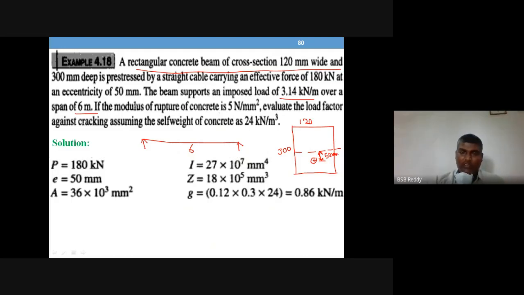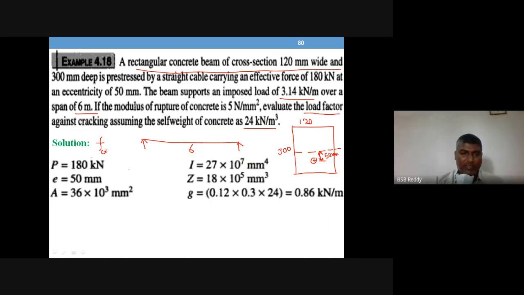If the modulus of rupture of concrete is 5 Newton per mm square, meaning fcr, you can use the symbol, or else let us see what Krishna Raju used. Evaluate the load factor against cracking, assuming the unit weight of concrete, gamma, as 24 kilonewton per meter cube.